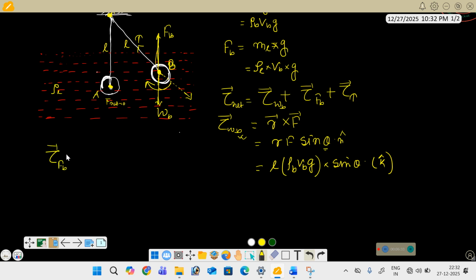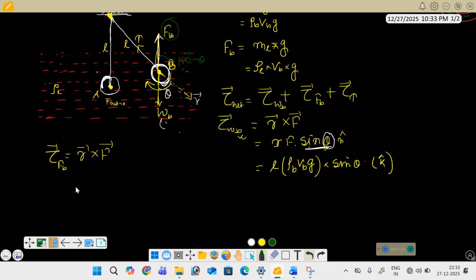force of buoyancy is again R cross F. R is again this vector from this point to the point of application of force, but now the force is along the upward direction. Previously it was R F sin theta, where theta is the angle between R and F. Now the angle between the R vector and the force of buoyancy vector is 180 degrees minus theta, right?